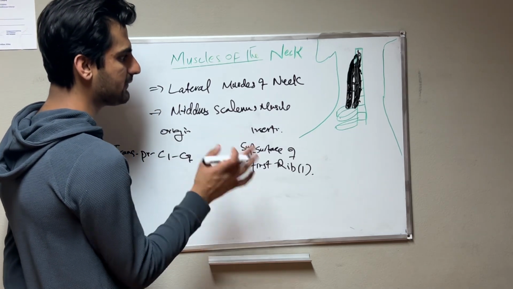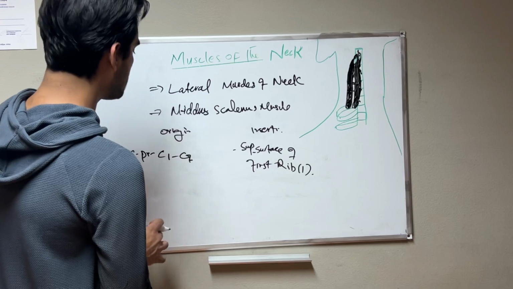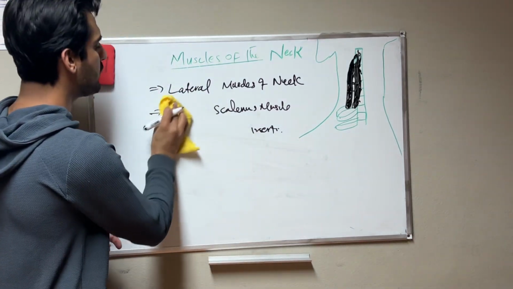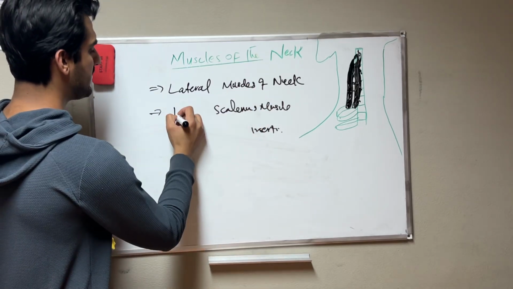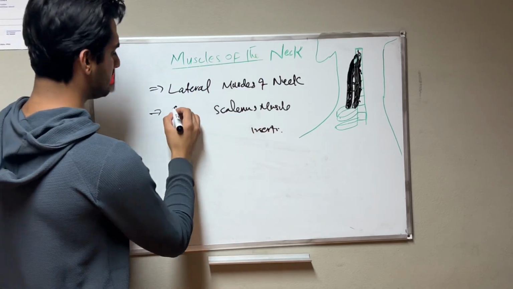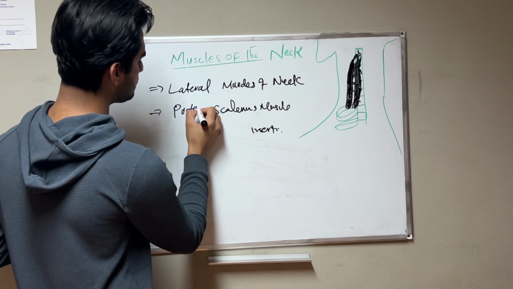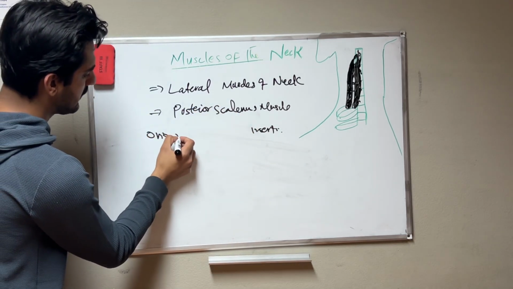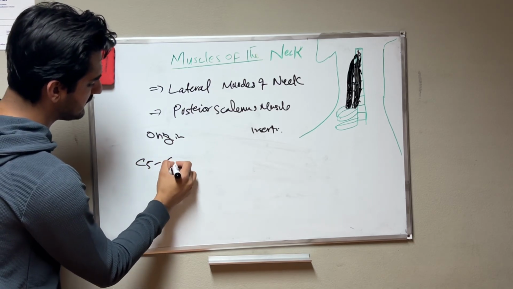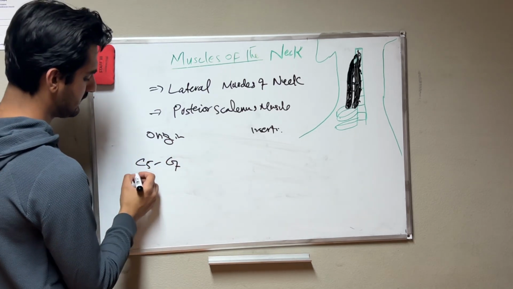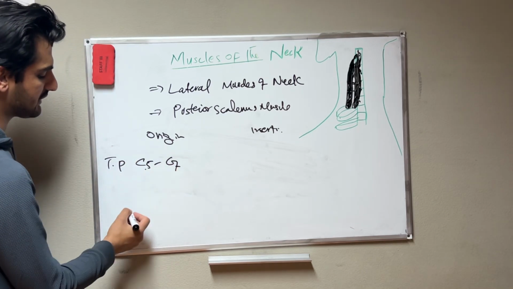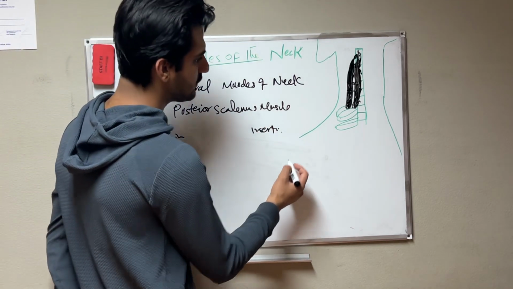The function is the same. Now the third muscle is the posterior scalenus muscle, on the back side of these three muscles. It originates from the transverse processes of C5 to C7 cervical vertebrae.